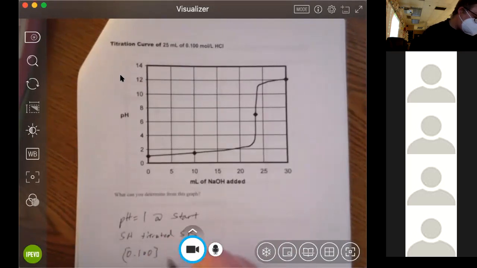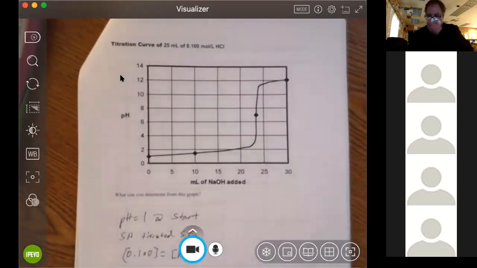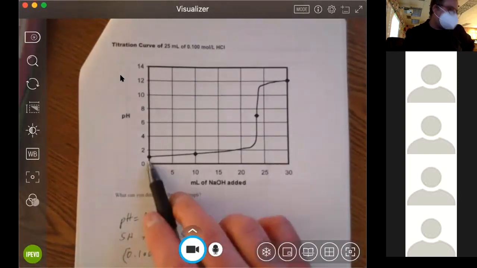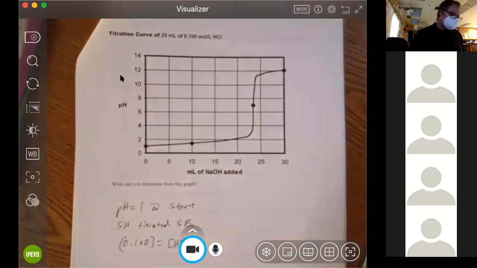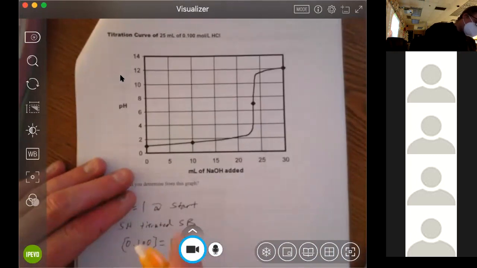So that means we could find the pH of this. Here's the graph. The pH is 1. The concentration of it is 0.1. I'm going to get rid of these and put molar on it.